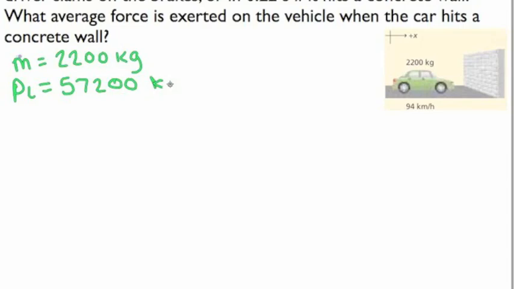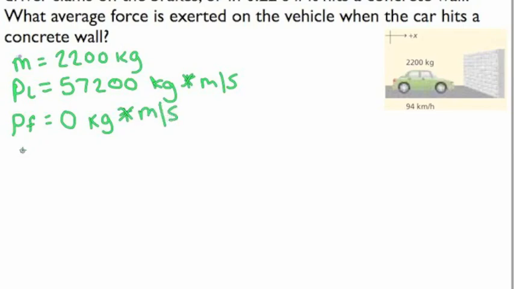Again with the weird units: kilograms times meters per second. Our final momentum is 0 because we're not moving at all at the end. And now our time is going to be less than a second. And this is why if you hit a brick wall going full speed, it's going to hurt.